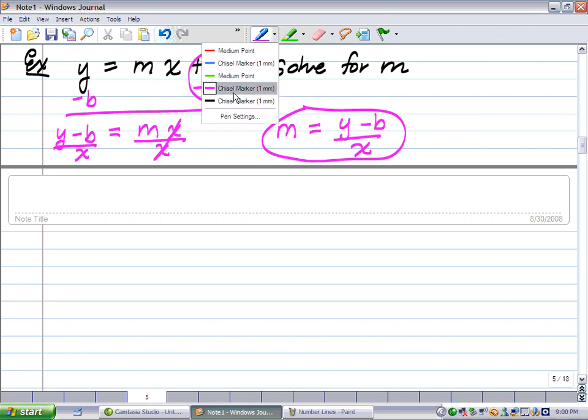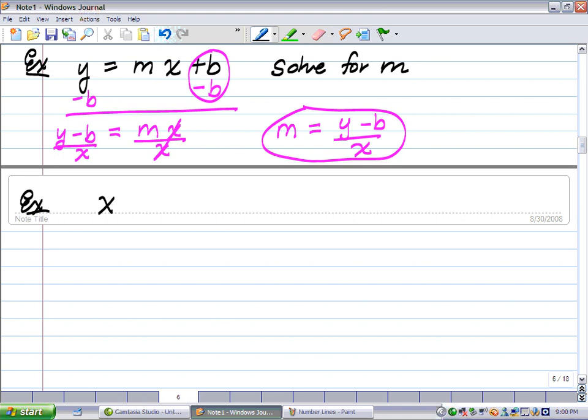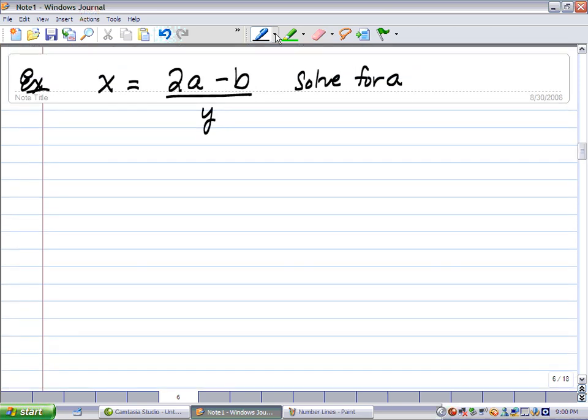Okay, let's make our last one with a fraction. So x equals 2a minus b over y. And let's solve for a. First of all, I have a fraction. Really, on the left I have a fraction too. It's x over 1. But I don't need to think about that. The common denominator is y. So I'm going to multiply both sides by y.